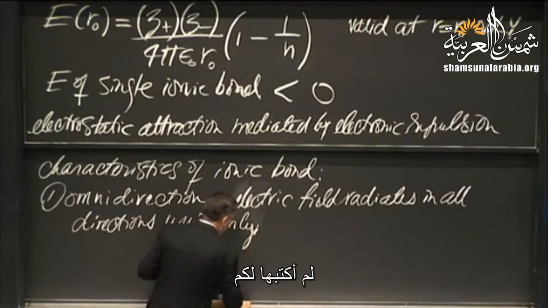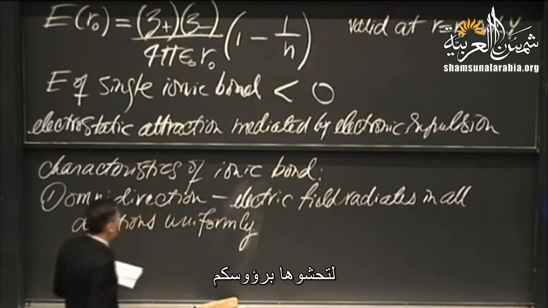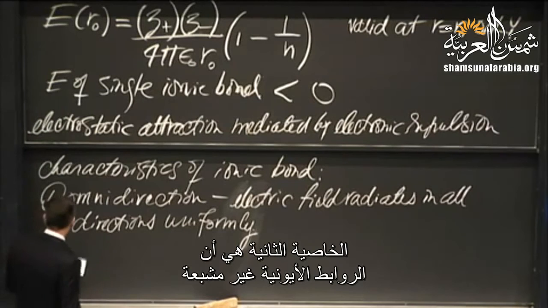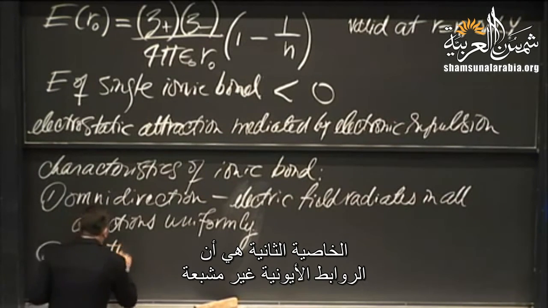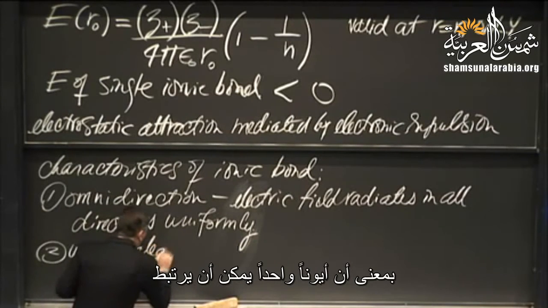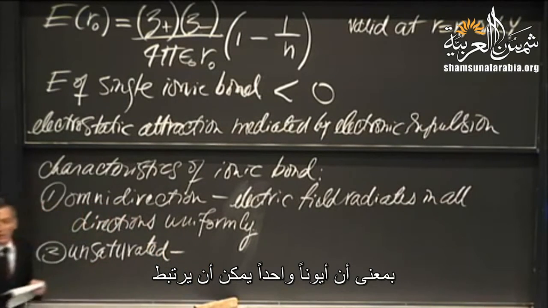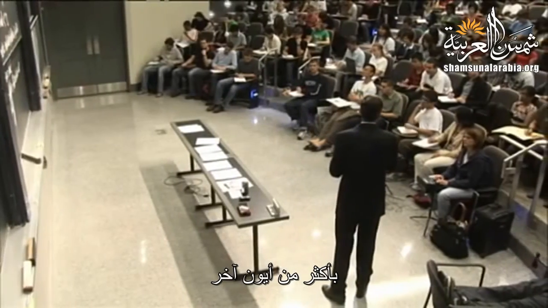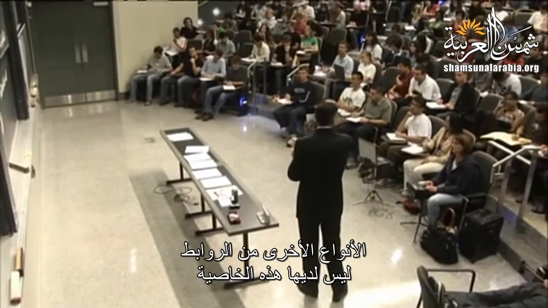I'm not just telling you this because we like cataloging things. This isn't bookkeeping class. So we're going to come back and use this fact. And the second thing is that the bond is unsaturated, which is a chemical way of saying that a given ion can bond to more than one other ion. In other types of bonds, that's not the case.